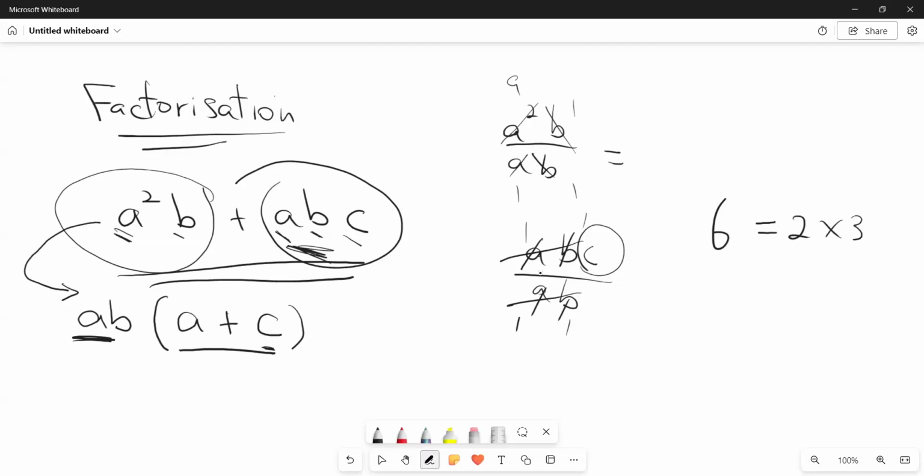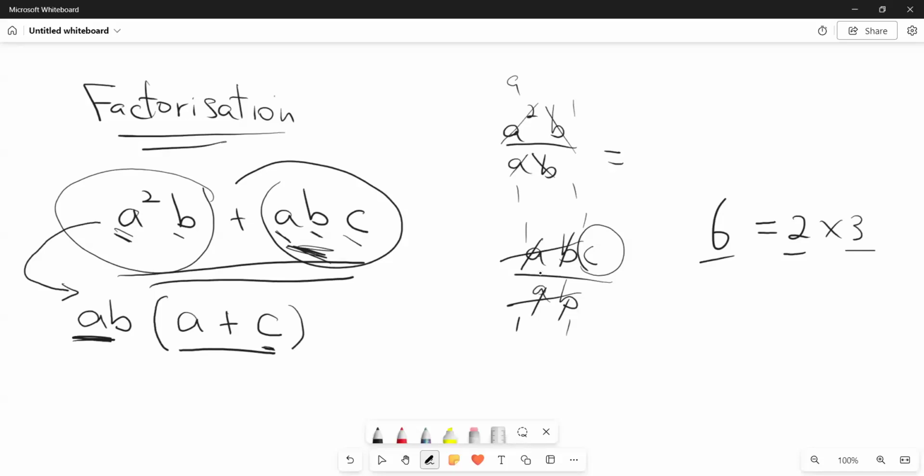Yes. So the factors of 6, 1 is also a factor, but we talk about prime factorization here. So 6 is the same as 2 by 3. So we have written 6 as a product of its factors. Now that's what we're doing here.